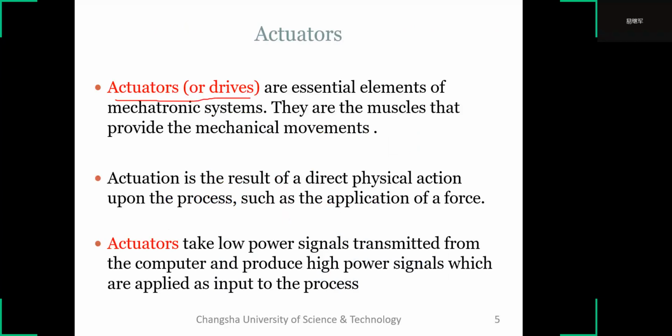Actuators or drives are essential elements of mechanical systems. They are the muscles that provide the mechanical movements. Actuation is the result of direct physical action upon the process, such as the application of a force.